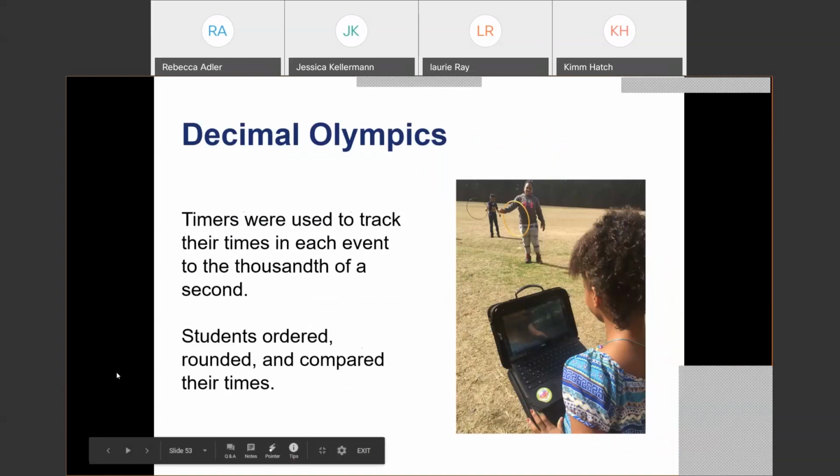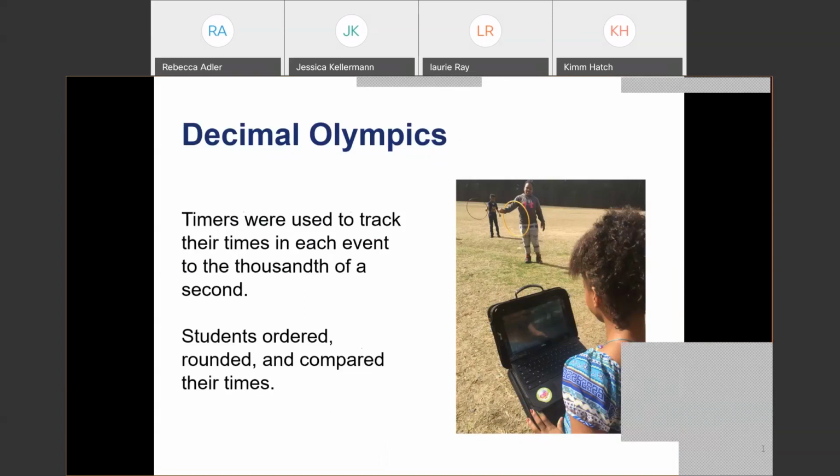This is another activity that Jessica and I actually did together while we co-taught 5th grade. They were practicing their decimals. Instead of just ordering, rounding, and comparing decimals or watching a video and doing it, they actually used a timer that went to the 1,000th of a second.